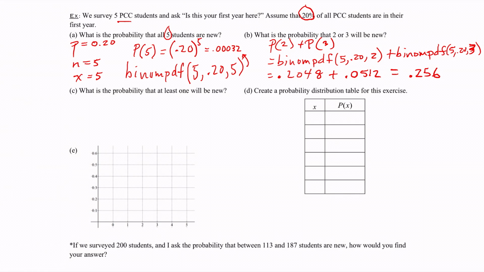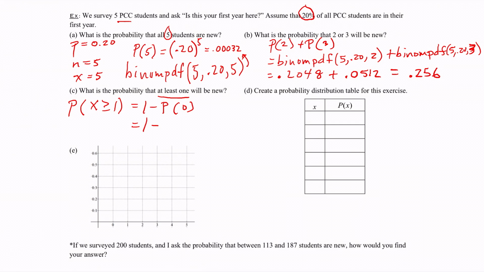Part C, what is the probability that at least 1 will be new? Now again, here we can use the complement like we've done in other cases where we see this probability of at least 1. That would be the probability of 1, 2, 3, 4, or 5. So perhaps an easier way to answer this would be to do the complement: 1 minus the probability that exactly 0 were successes.